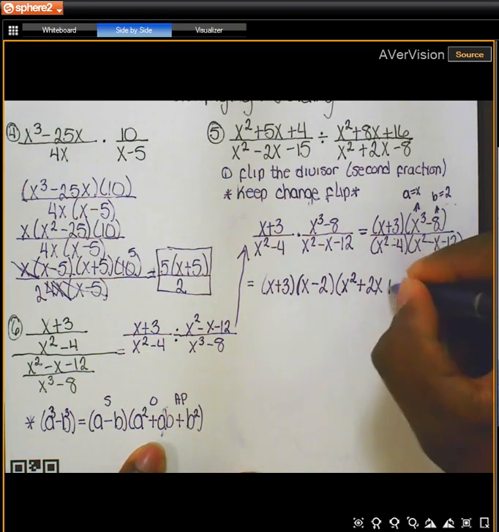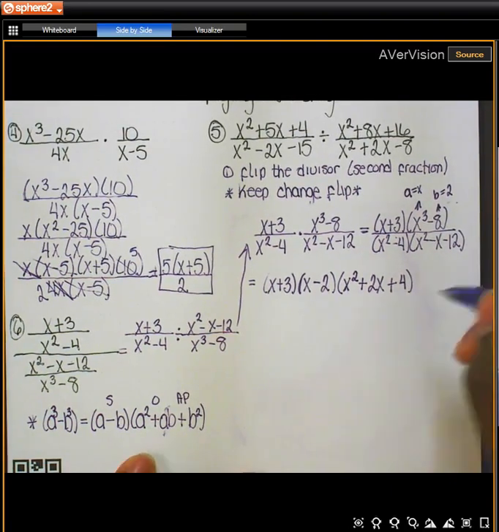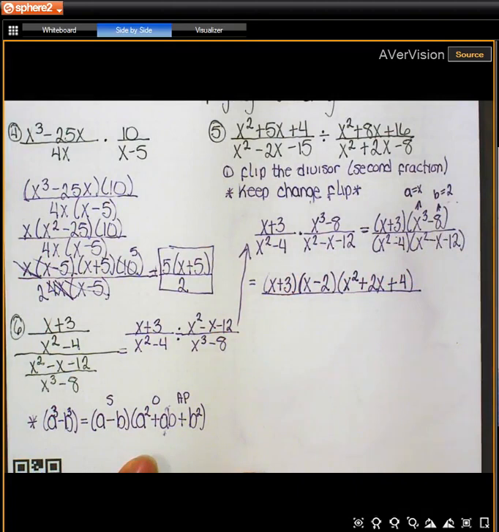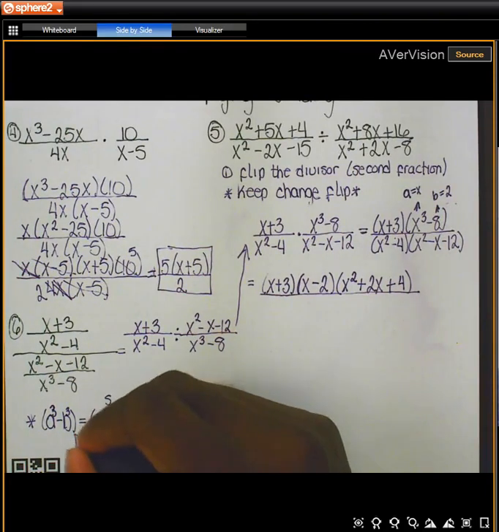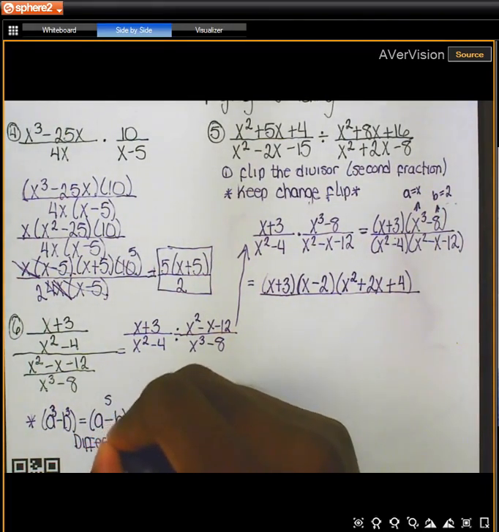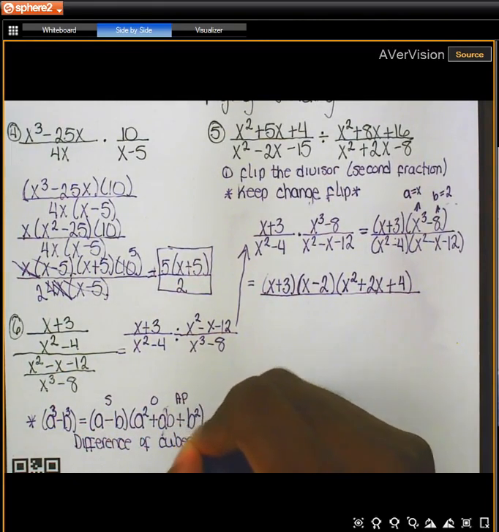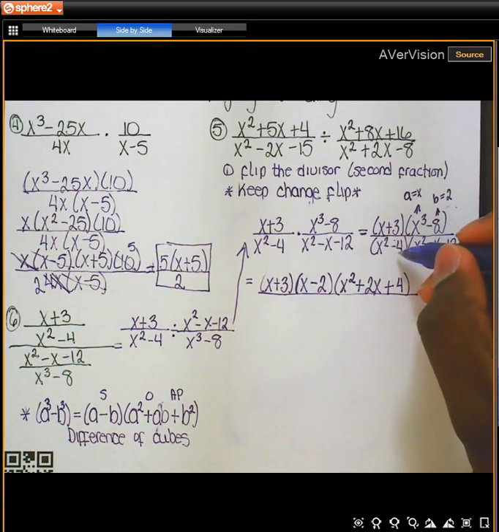And then what is b squared? 2 squared, which is 4. Any questions on that one? What about x squared minus 4? Can we factor that?